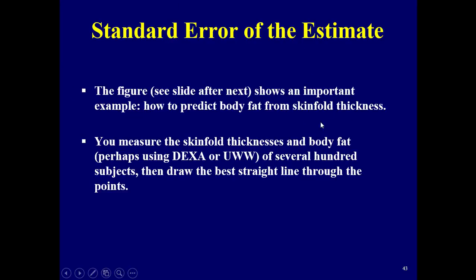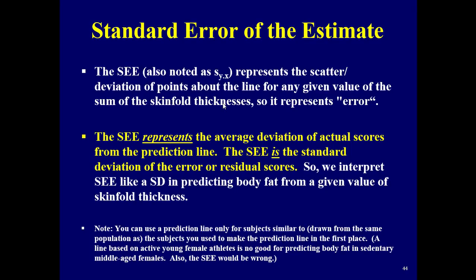Instead, we use a prediction equation, and that prediction equation was built on the relationship between the skin fold thicknesses of hundreds of people and what their corresponding actual percent body fat is, using a very accurate technique. Once we have this prediction equation, we can estimate what people's actual percent body fat is using some of these criterion or gold standard methods, and we hope that the error will be minimal.